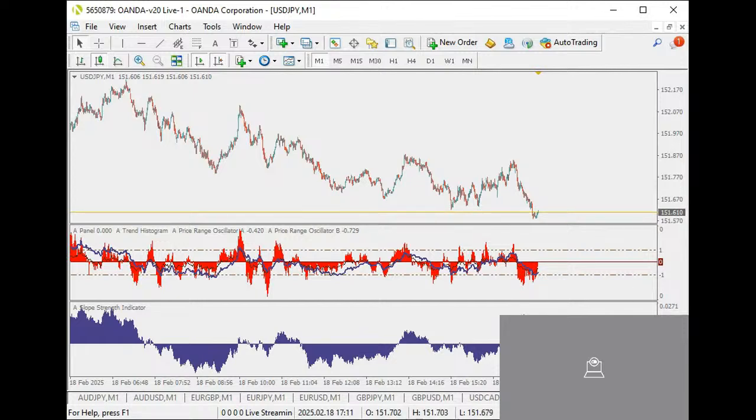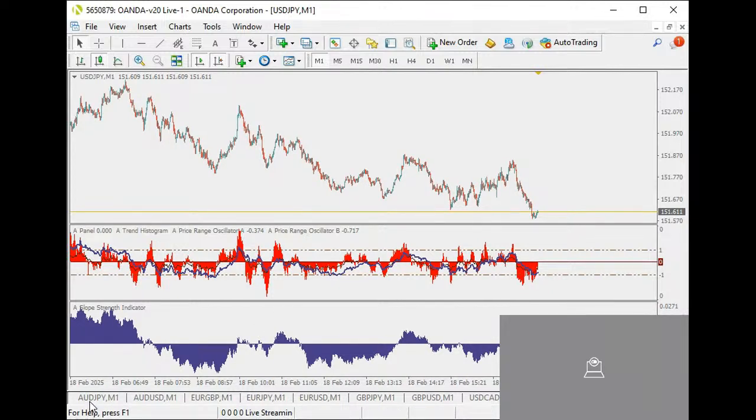I'm going to first let you know about this indicator labeled slope strength indicator. What happened was this morning I modified my charts before I got to the office. When I got to the office, I had to change all my charts.